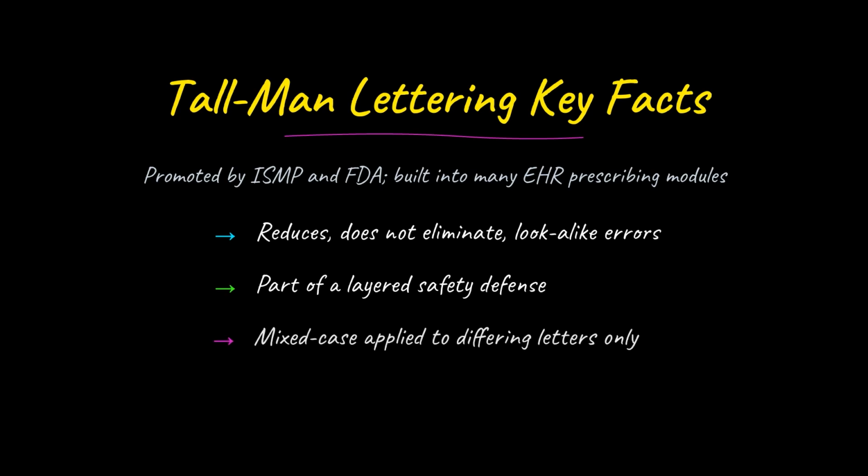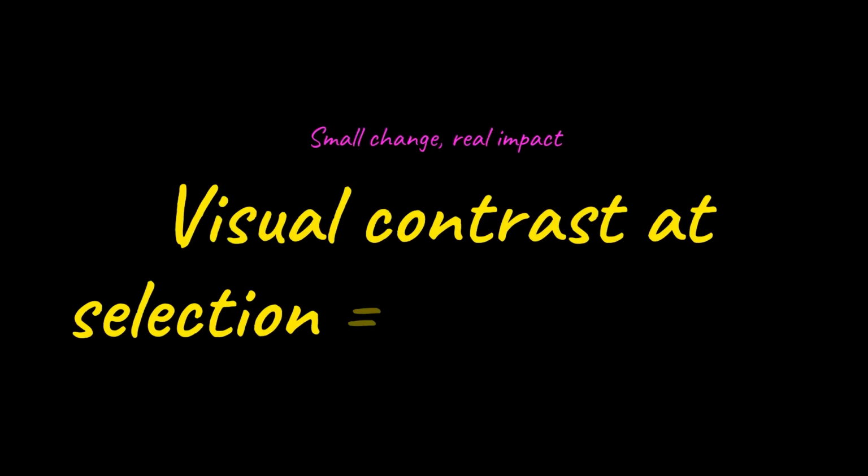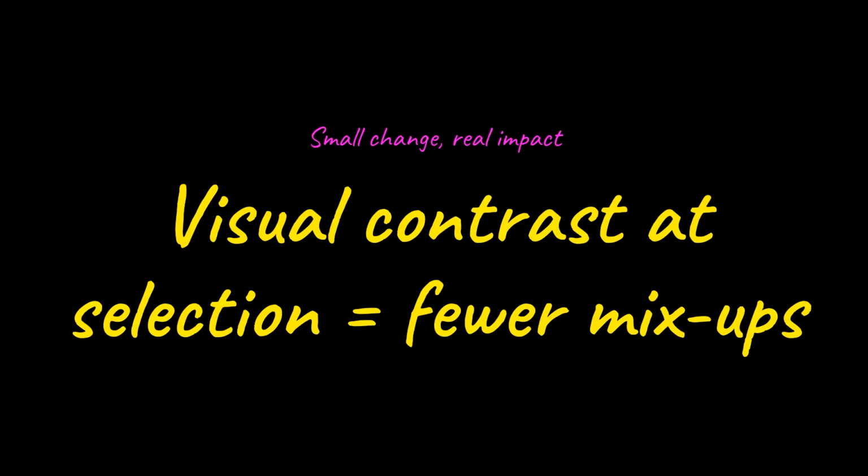It is one layer in a broader defense that also includes indication-based prescribing, decision support, and pharmacy verification. The typographic change is small, but even a fraction of a second of extra attention at the right moment can prevent a serious error. When you see mixed case lettering or visual differentiation in a question stem, tall man lettering is the name strategy.